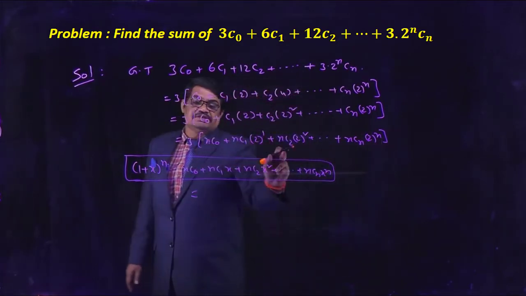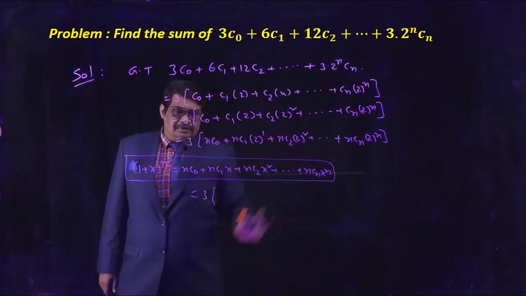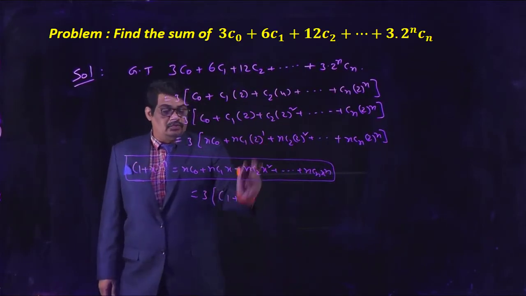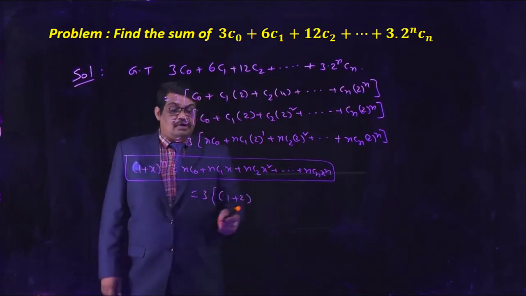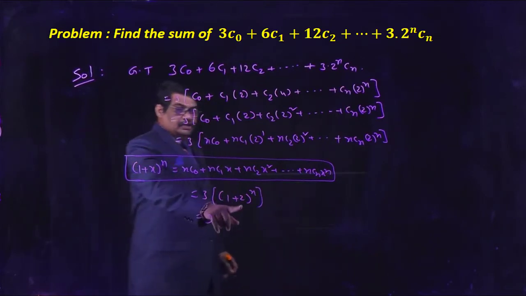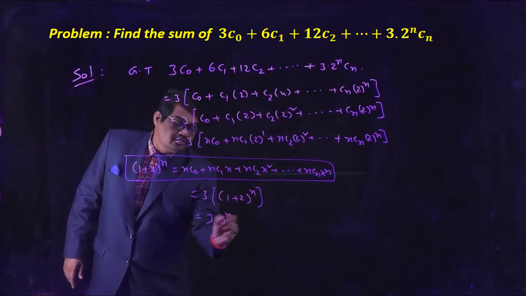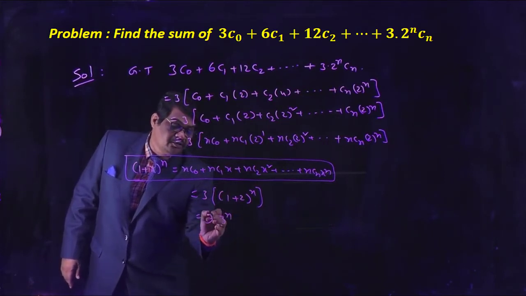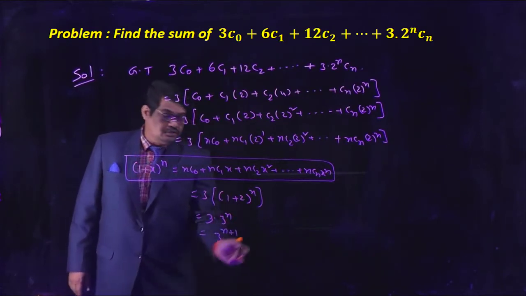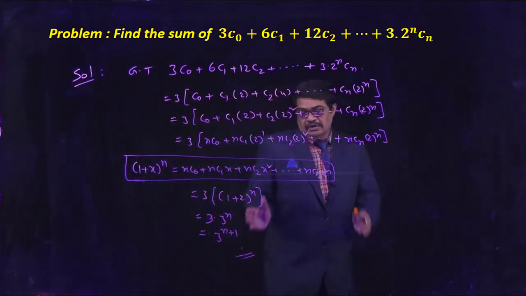So this series can be written as 1 plus 2 whole to the power of n. That is 3 into 1 plus 2, that is 3, to the power of n. Here 3 into 3 to the power of n is nothing but 3 to the power of n plus 1. So the value of the given series is 3 to the power of n plus 1.